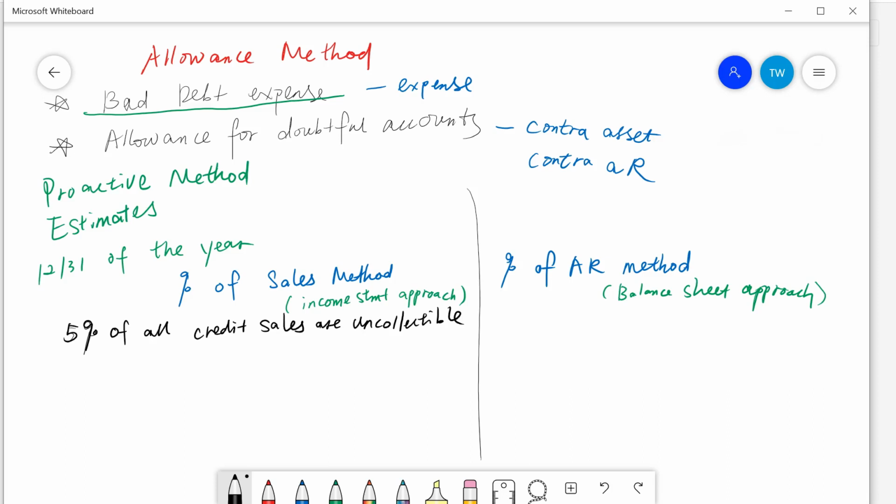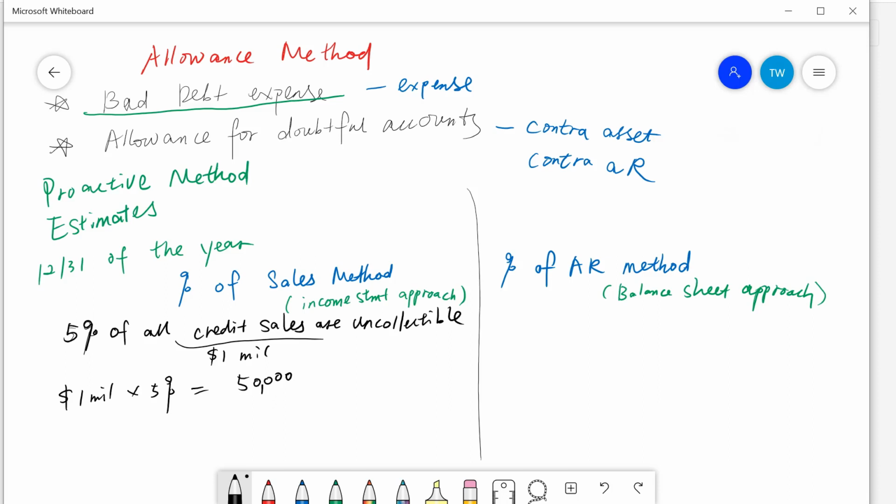And if in the year the credit sales were $1 million, what we do is take the 1 million, multiply by 5%, and you will get 5 with 4 zeros, so 50,000.